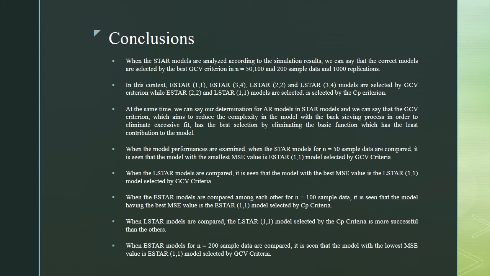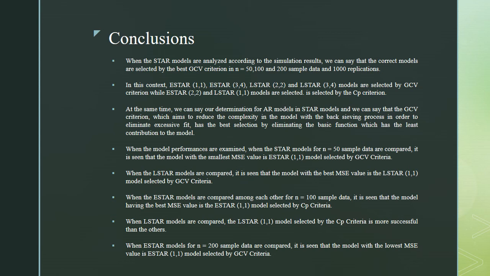When the A-star models are compared among each other for 100 sample data, it is seen that the model having the best mean square error value is the A*11 model selected by CP criteria.